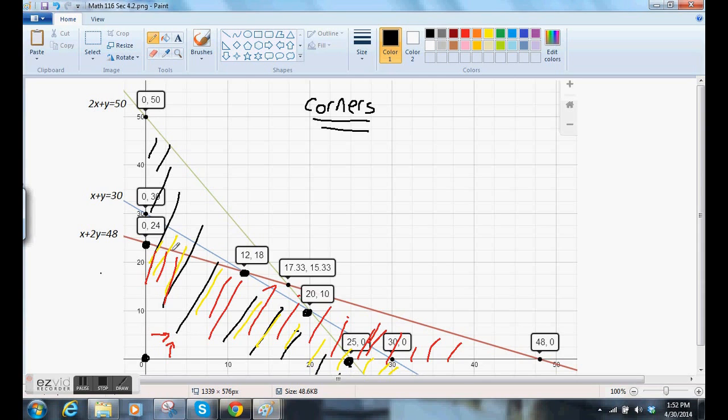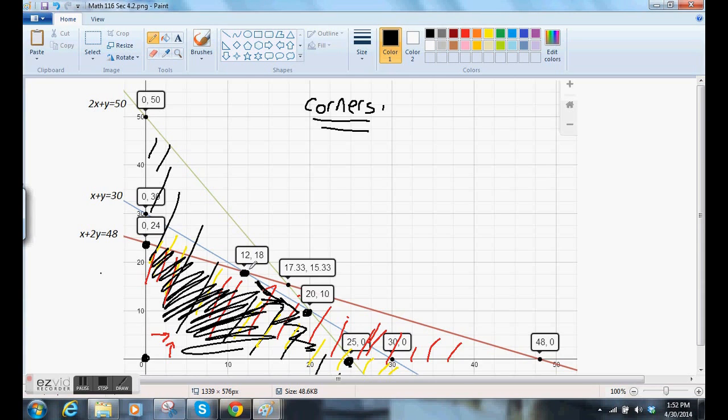So the first thing you want to do is identify the corners. And you're thinking, well, if I have this graph, it's really easy to see that this corner is the point (12, 18) because I just wrote it on the graph. But how would you find this (12, 18) point if you didn't have it beautifully on your graph already? Well, you would take these equations and set them equal to each other and find where they're equal.